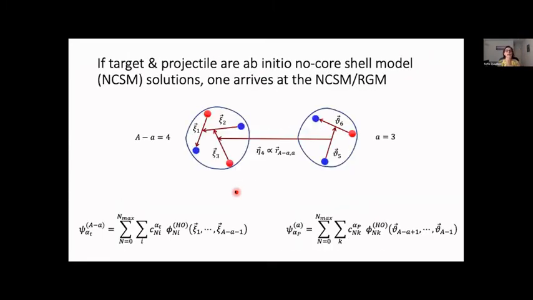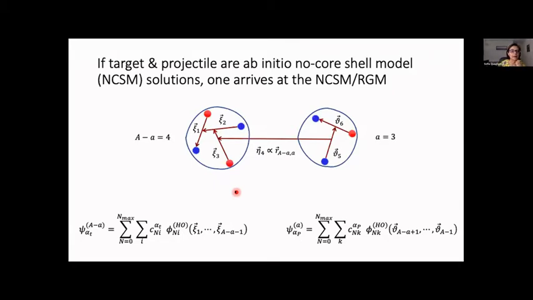So, okay. So now, if we consider a model in which we have a target and a projectile, here I'm making an example in which the projectile has 3 nucleons and the target has 4 nucleons. And we consider a model in which the wave functions of the projectile and the target are obtained within the ab initio no-core shell model. Then one arrives at the no-core shell model combined with the resonating group method.